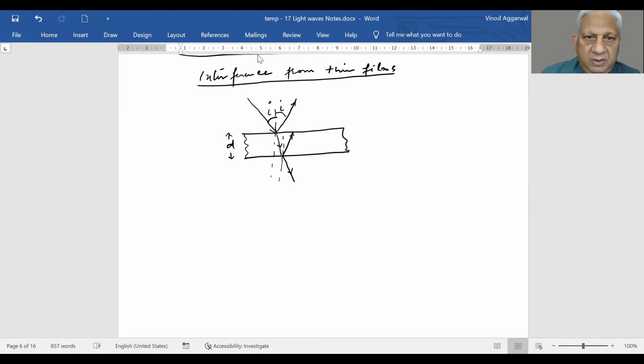And again, same thing may happen. Again, there is another reflection. And then it comes out. Here also, what may happen? This ray, after hitting this point, some of it may go out and some of it may reflect back.